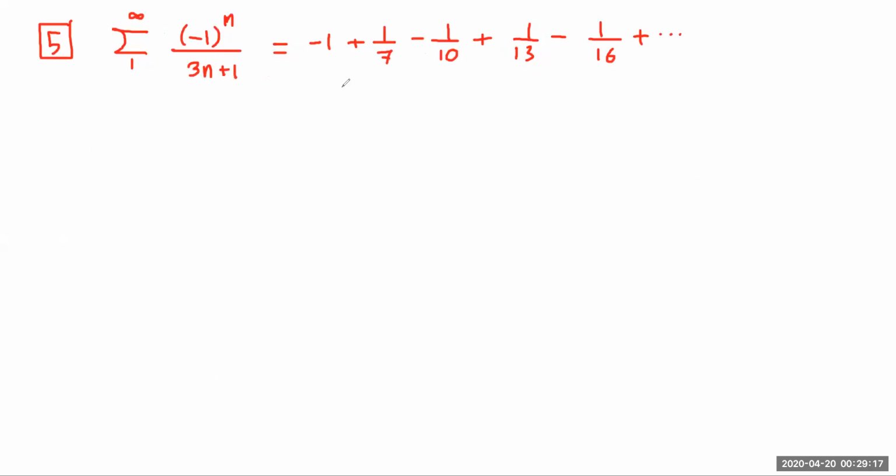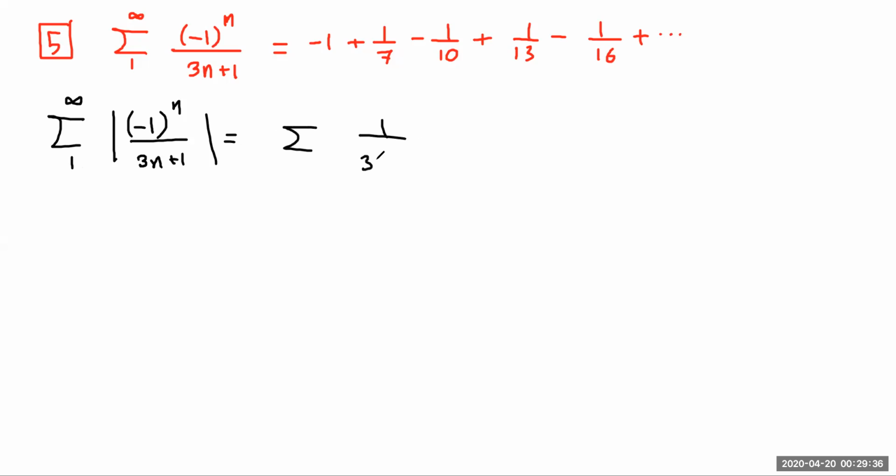The last example for today is this series. It could be written like this or like this. If I take it in absolute value, (-1)^n over 3n+1 from 1 to infinity, it's the sum of 1 over 3n+1 from 1 to infinity.